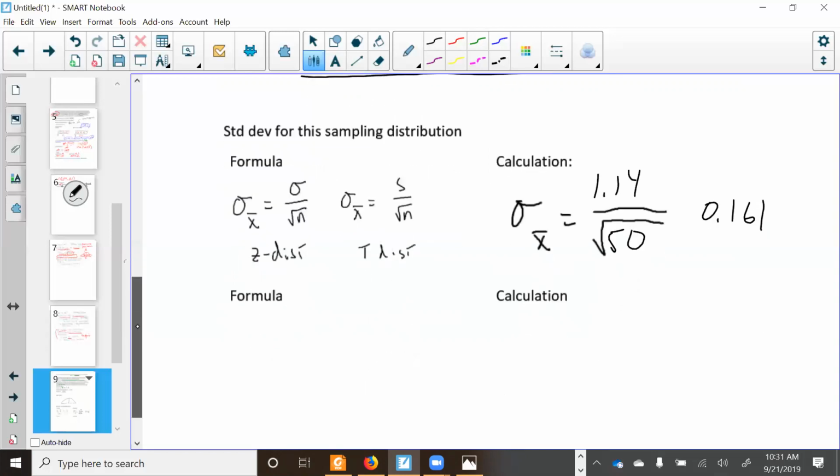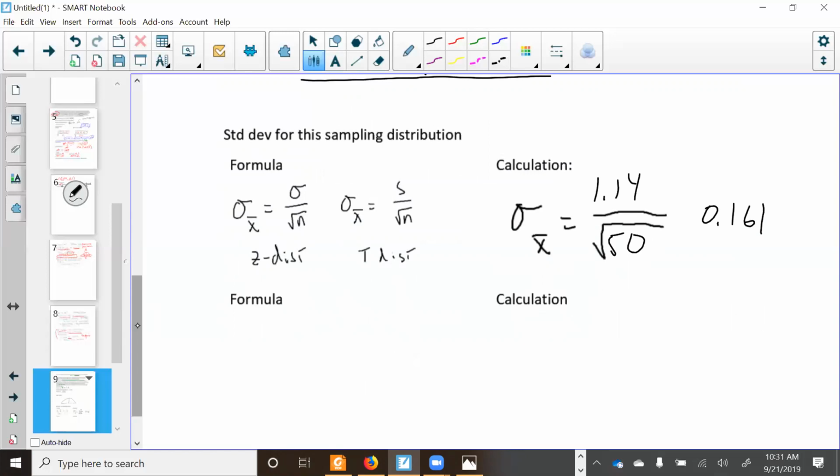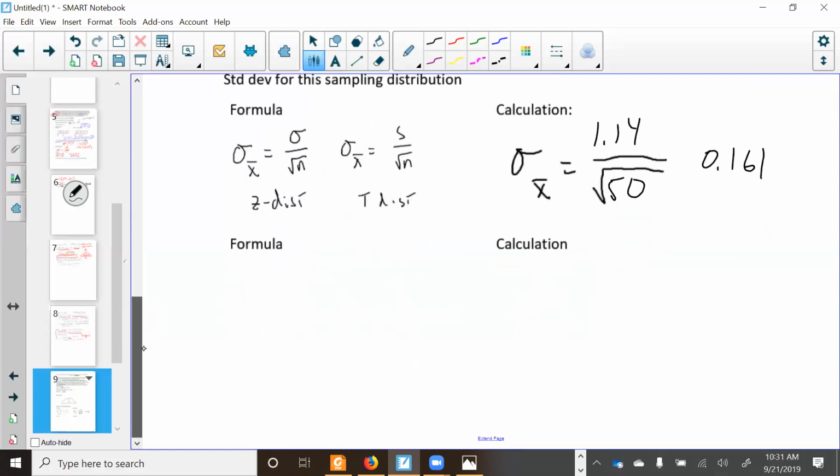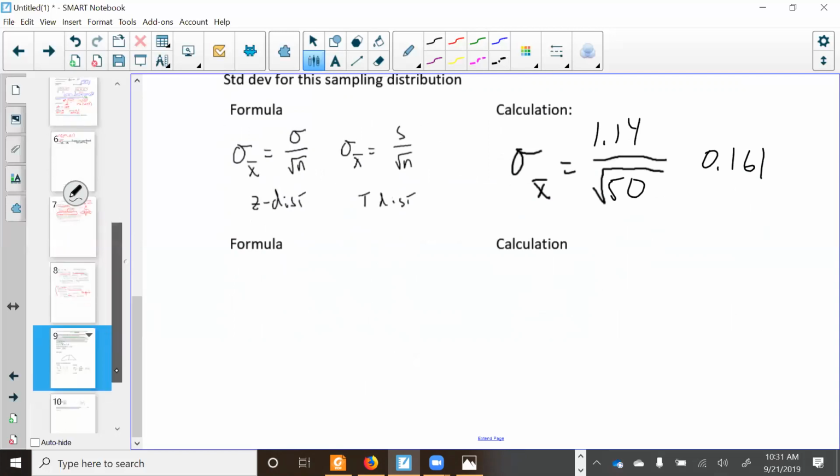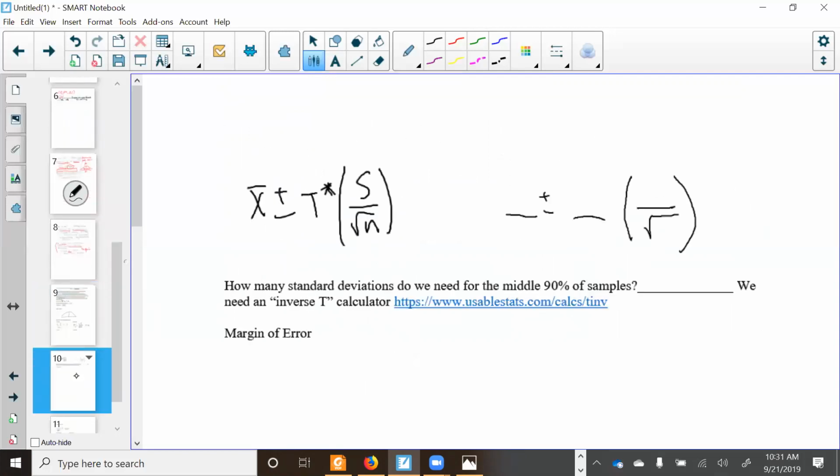I guess we have to do the formula. Did I not give that to you, or did it wrap down to the second page? There we go. That's the formula to calculate a confidence interval. Again, that's the margin of error, the plus or minus part.